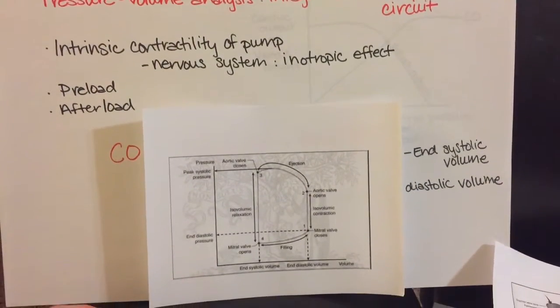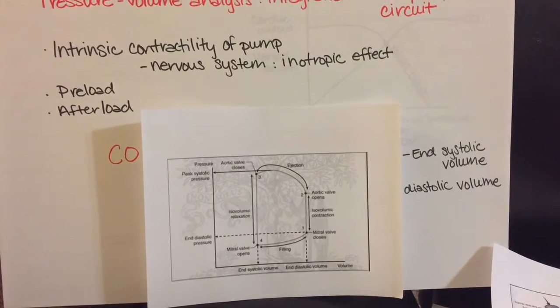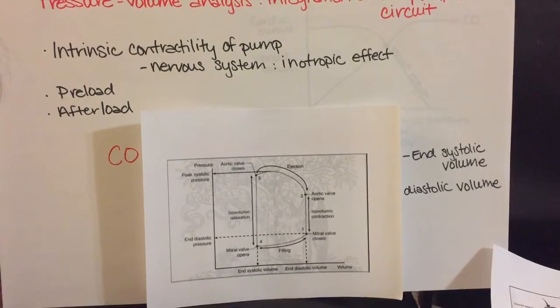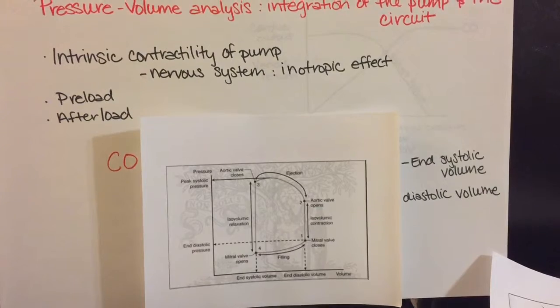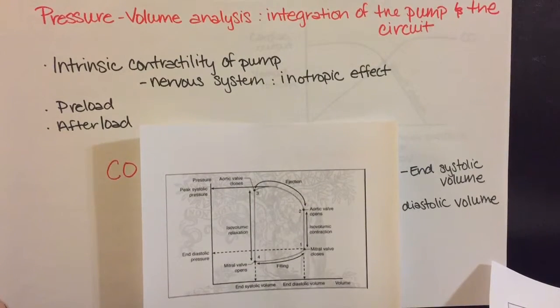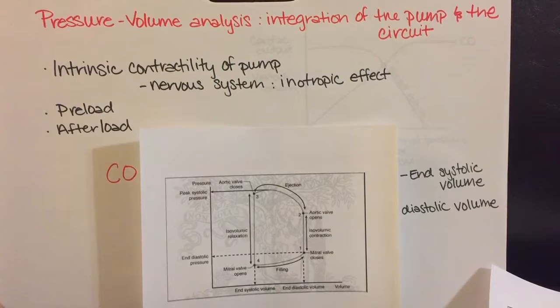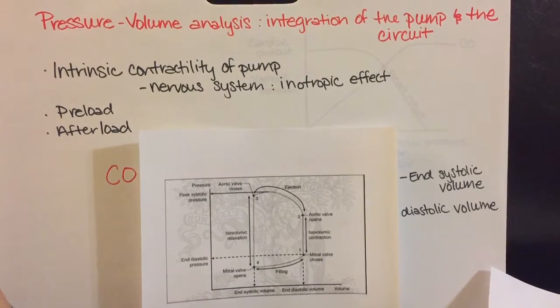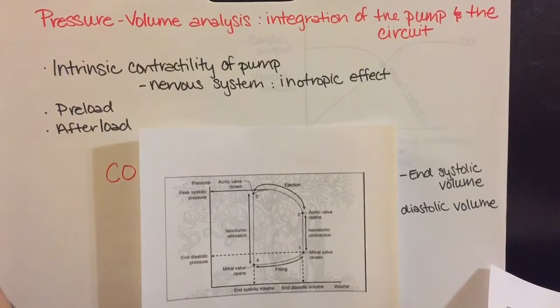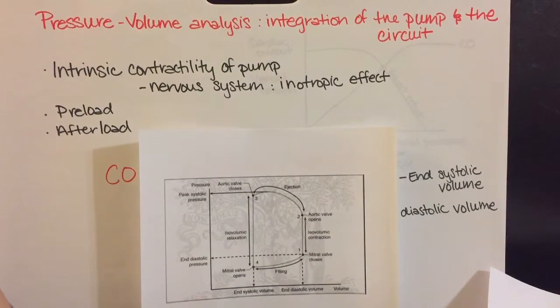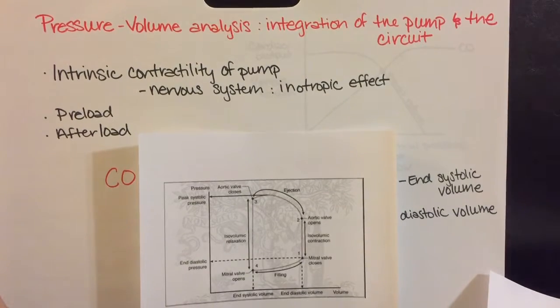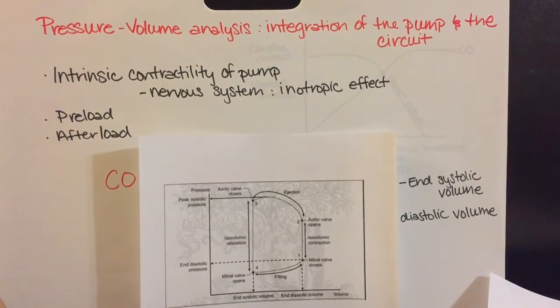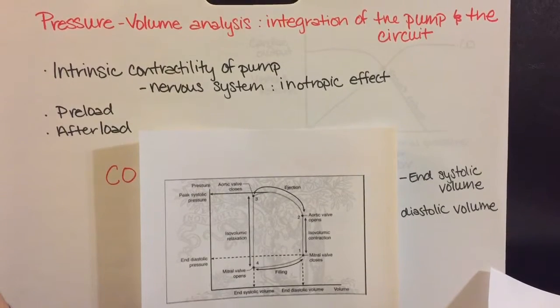So pressure volume curves can be used to discuss the integration of these systems, which all take into account our intrinsic contractility of the pump, which can be influenced by the nervous system. That's our inotropic effect, our preload, and as discussed, our afterload. The goal of all of this is to understand cardiac output manipulation to meet the oxygen demands of the body's tissue and to have a basis of understanding how pathology can derange the system and cause end organ dysfunction when cardiac output cannot adequately deliver oxygen to the tissues in critical patients.